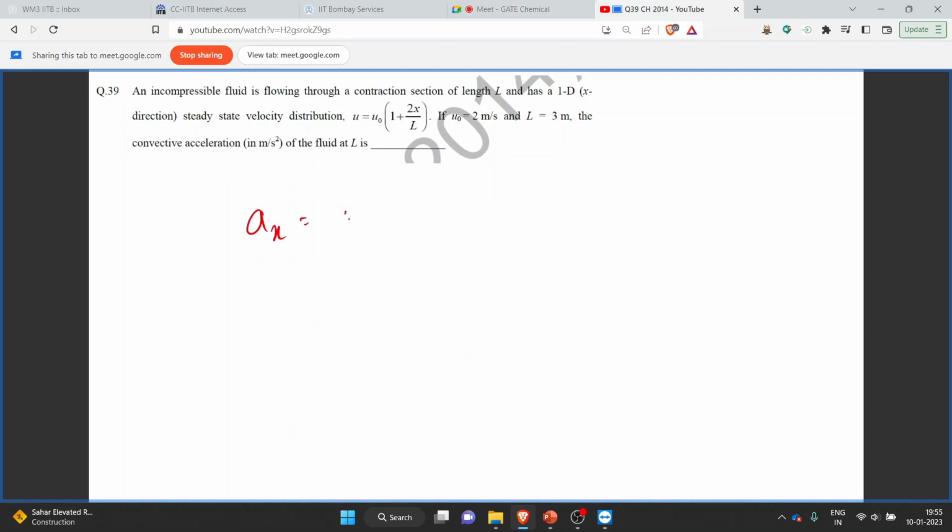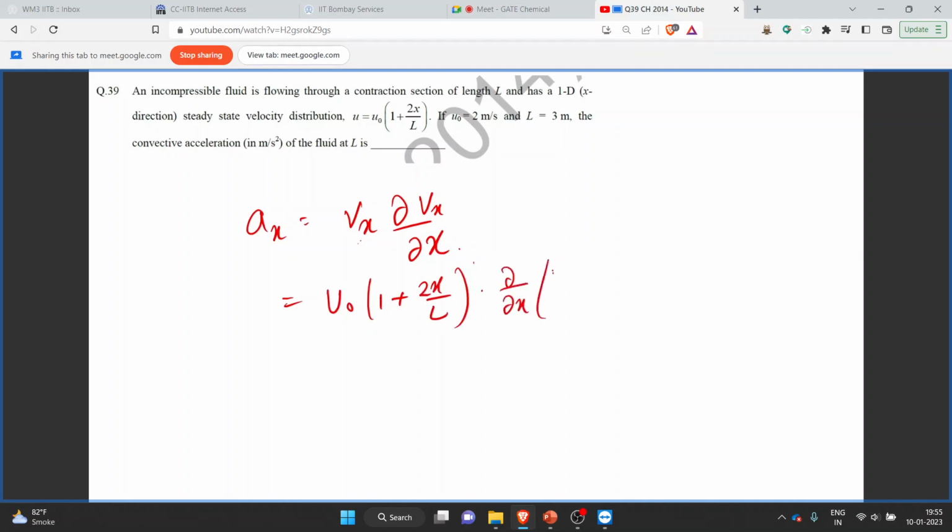We can write it as Vx into del Vx upon del x. Now we can replace the value of Vx, which is u, so it will become u naught (1 plus 2x upon L) into del by del x of u naught (1 plus 2x upon L).